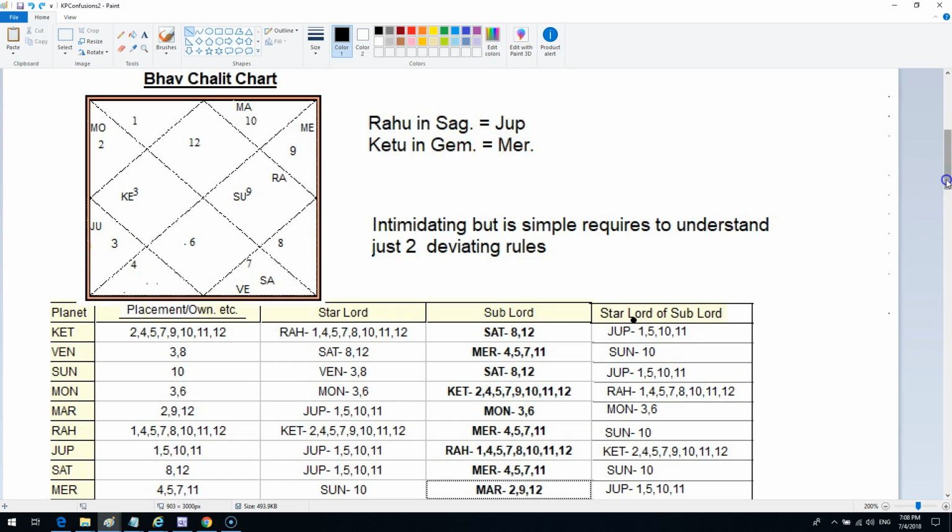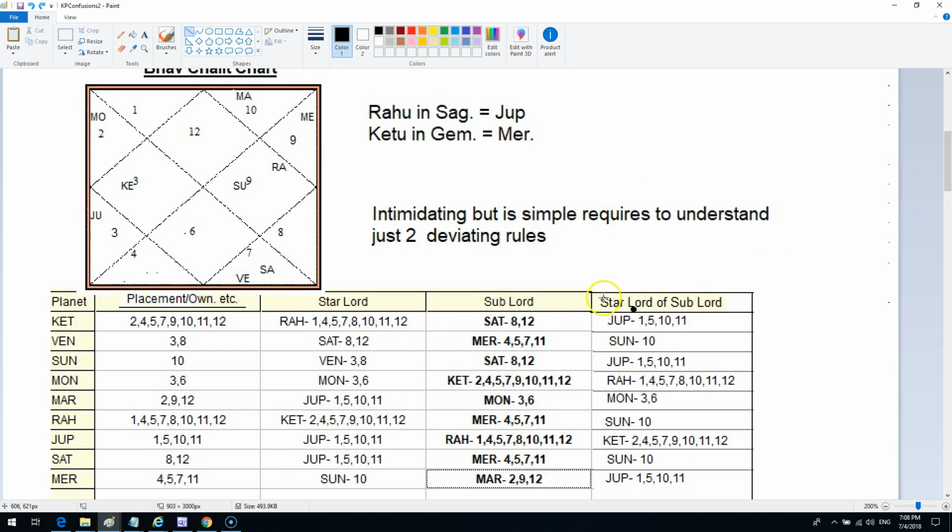Now, if you look at the table of significators over here, you will find that I have added an additional column by the name of Star Lord of Sublord. Don't get mixed up with the sub-sublord. This is not a sub-sublord column. This is the Star Lord of Sublord. And in the new theory, the supremo theory, this particular column has to be taken into account.